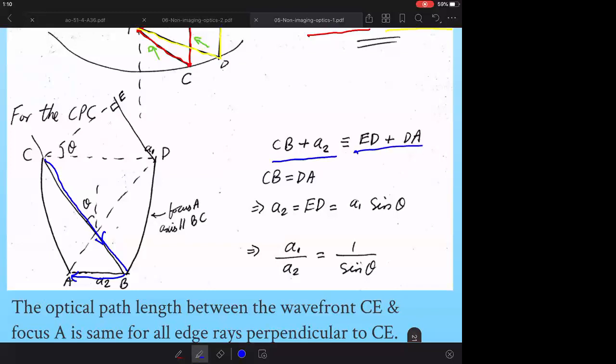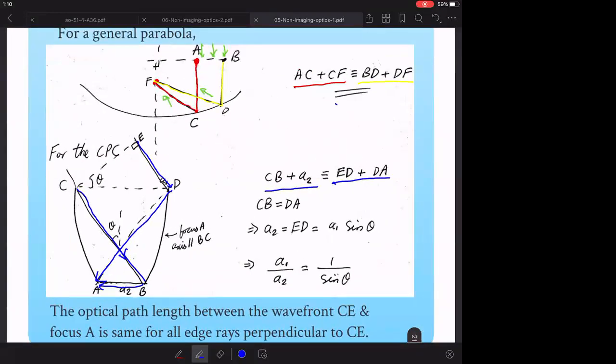So let's draw that. ED plus DA. These two are exactly the same principle. If you rotate this parabola a little bit, you will see exactly what you're seeing here. And why did I pick E? This E is the normal to the ray, exactly as we picked AB here.